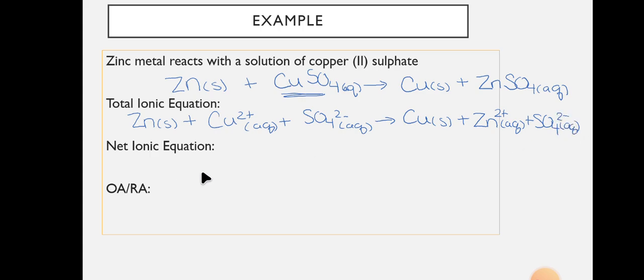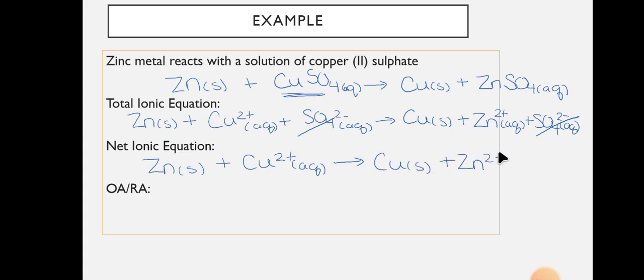Then to get to our net ionic, we want to cancel out anything that we see the same on both sides, or anything that's a spectator, and that will leave us with our net ionic. Now, once you have your net ionic, we can identify what's undergoing oxidation and what's undergoing reduction. And if we have that, then we can determine our OA, or oxidizing agent, and our reducing agent.